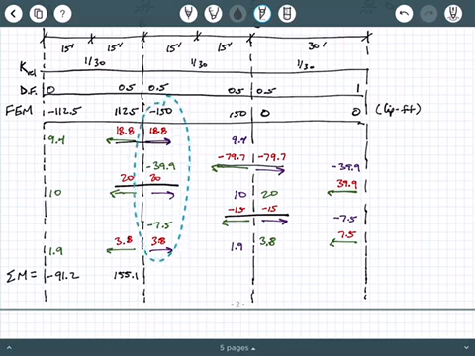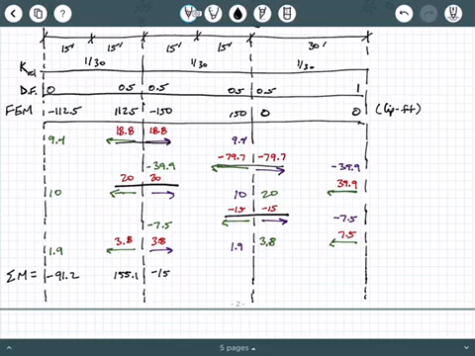And I'm going to get negative 150 plus 18.8 minus 39.9 plus 20 minus 7.5 plus 3.8. And check this out. I got negative 154.8.